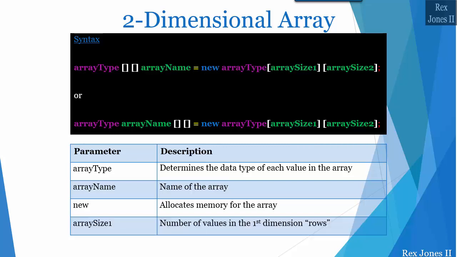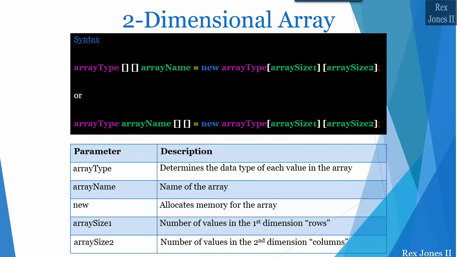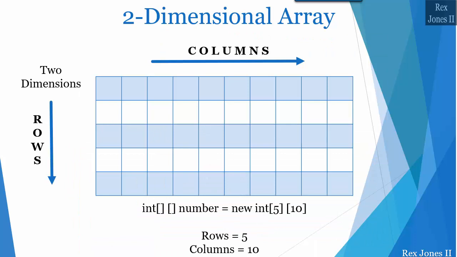Array size 1 is the number of values in the first dimension. Array size 2 is the number of values in the second dimension. The first dimension are rows and second dimension are columns. In this example, there are 5 rows and 10 columns.